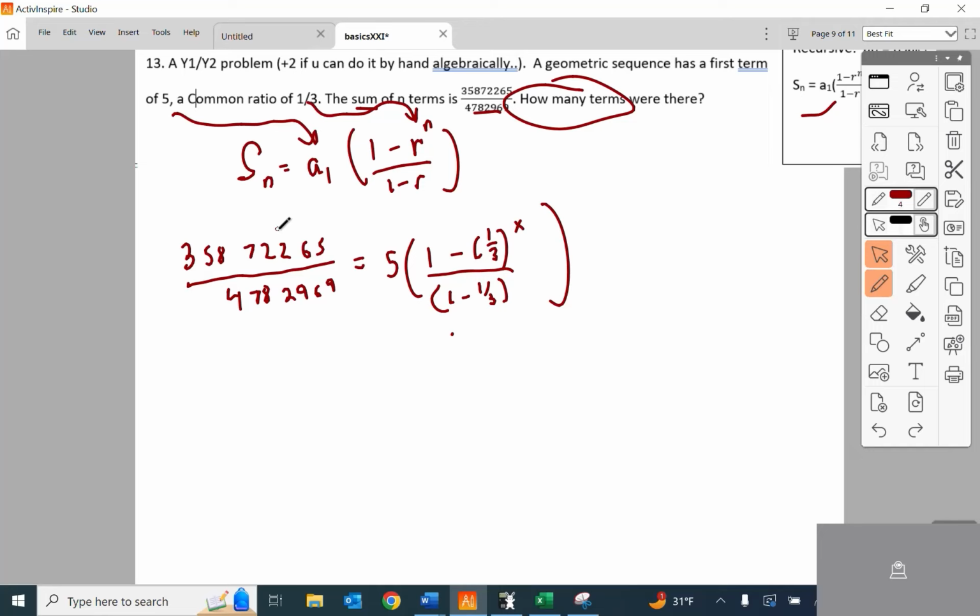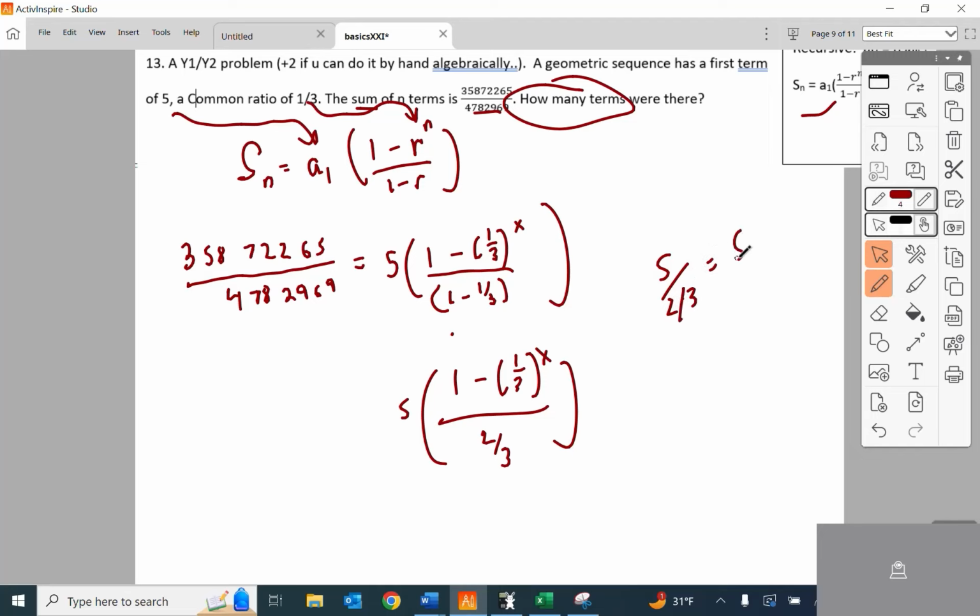I'm hoping that the calculator will not have an issue with this. We are going to have to figure out what this is. 1 minus a third is 2 thirds. And there's still a 5 out front. Now 5 divided by 2 thirds is the same thing as 5 times 3 halves, which is 15 halves.